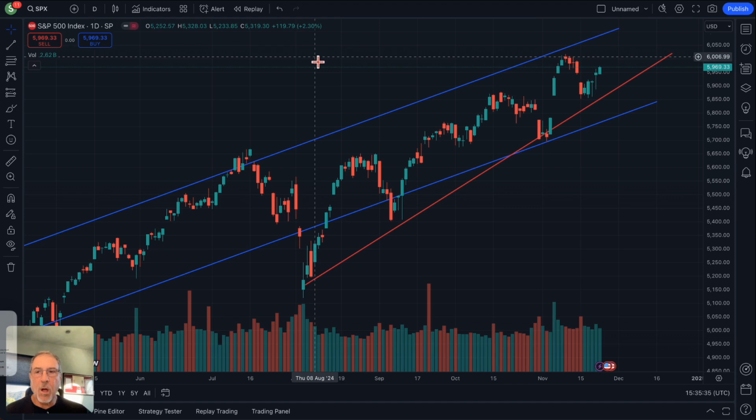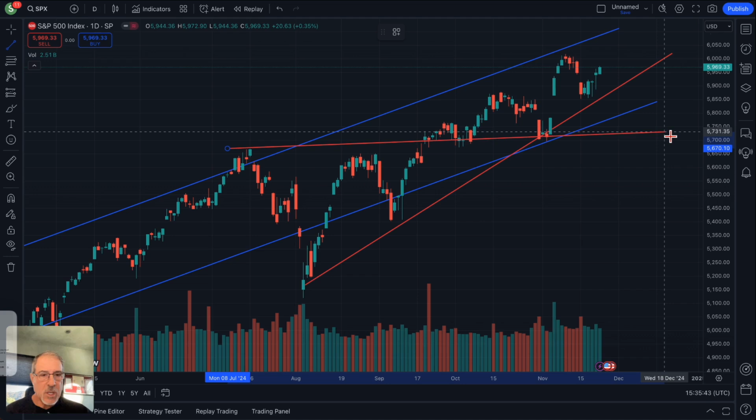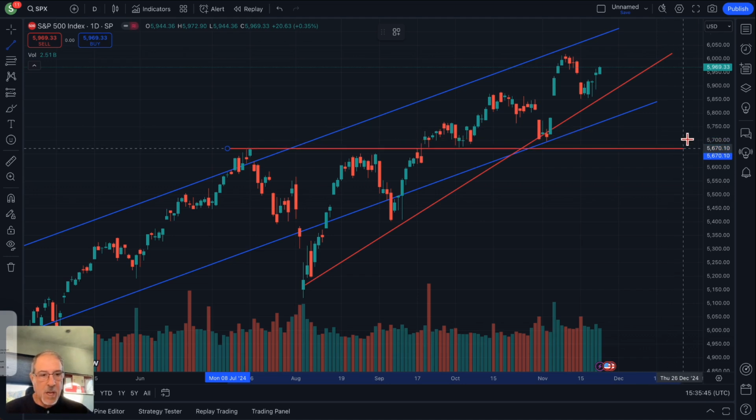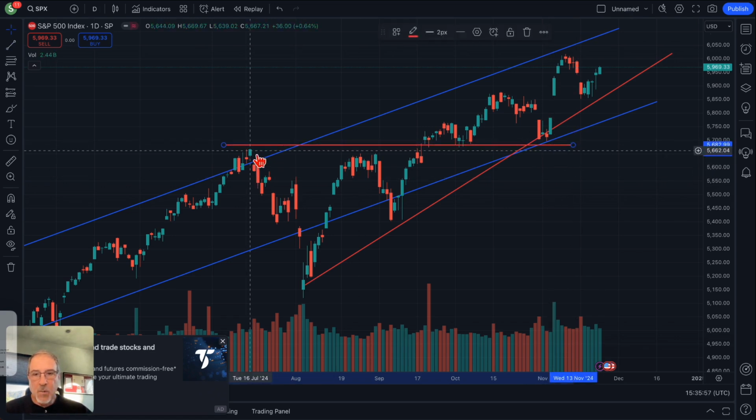And then I will also put in a couple of horizontal lines at various points, and this is a perfect example. If I hold down the shift key, this goes to a flat line. We can see that this had been prior resistance, blew through, then it became support, came back to support, came back to support.